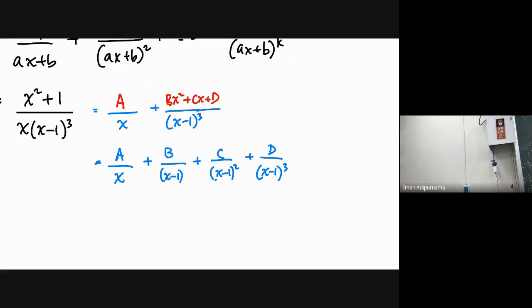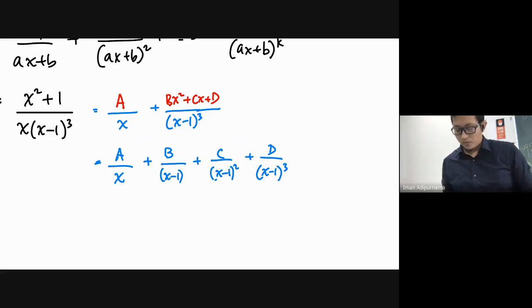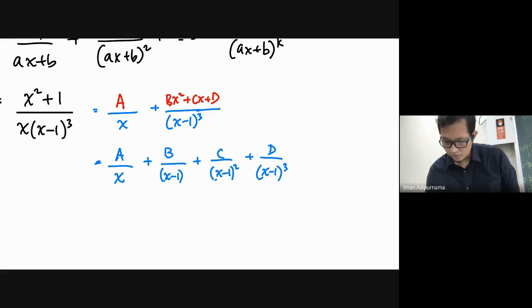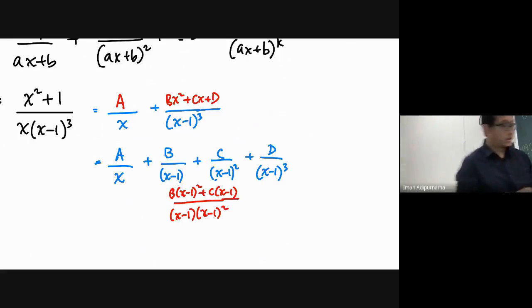You can check later, if you combine these two, it will bring back the bx squared and plus cx. You can check the b and c. If you check x minus 1, x minus 1 squared, this will be b times (x minus 1) squared plus c times (x minus 1). And this will bring back to here, right?